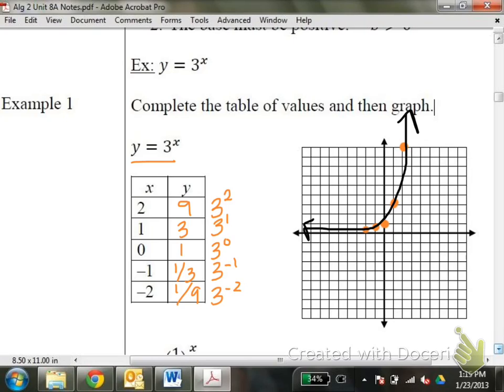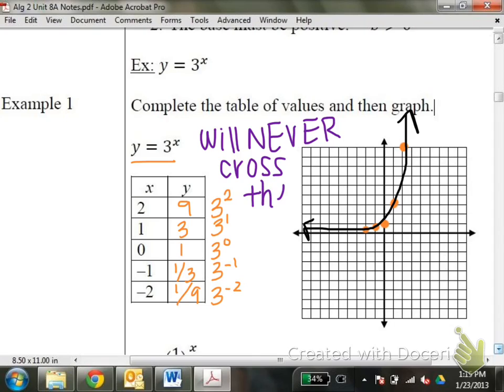So I want you to write that note. It will never cross the x-axis. Okay? So an exponential function, the graph will never ever cross the x-axis.